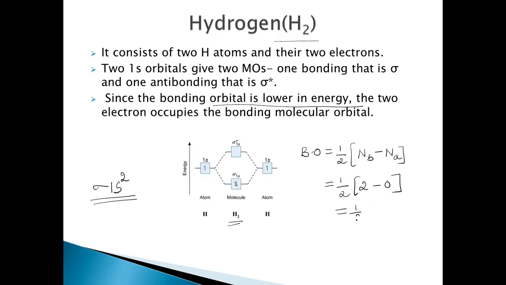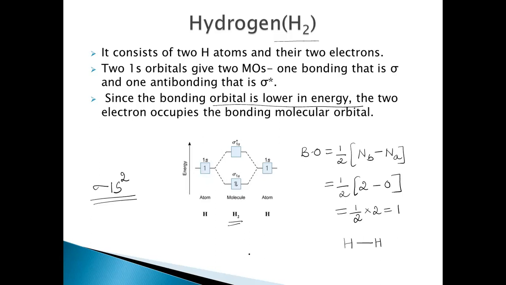So half into 2 is equal to 1. So the bond order is 1, meaning the number of covalent bonds formed between the two hydrogen atoms is 1. This is how you explain the formation of the hydrogen molecule according to molecular orbital theory, and this is the molecular orbital energy diagram for the H2 molecule.